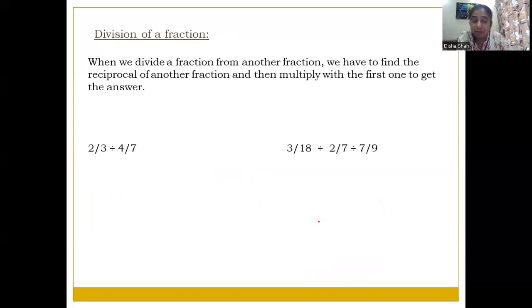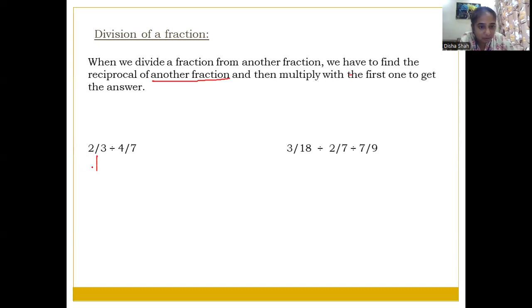Next, divide a fraction. When we divide a fraction from another fraction, we have to find the reciprocal of another fraction and then multiply with the first one to get the answer. तो अगर हमें कोई भी नंबर को फ्रैक्शन को डिवाइड करना है तो हम क्या करेंगे? डिवीजन की जगह पे वी विल पुट मल्टीप्लिकेशन का साइन एंड जो सेकंड वाला नंबर है उसका हम रेसिप्रोकल करेंगे. फॉर एन एग्जांपल, हियर इट इज 2 by 3 divided by 4 by 7.